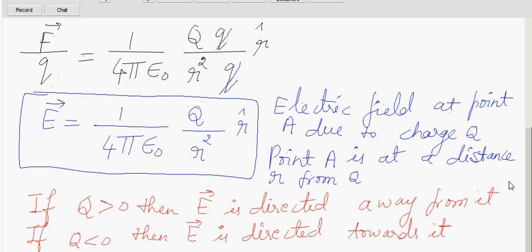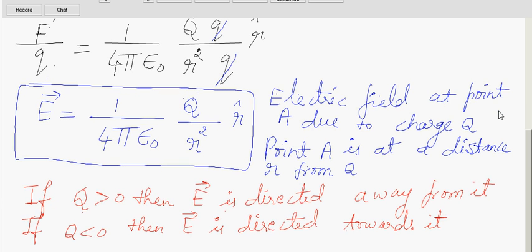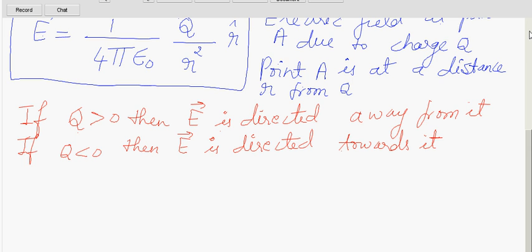Similarly, if this is minus Q and this is q, then the field will be directed towards it, because the force is attractive, so the field is always directed along the force itself.